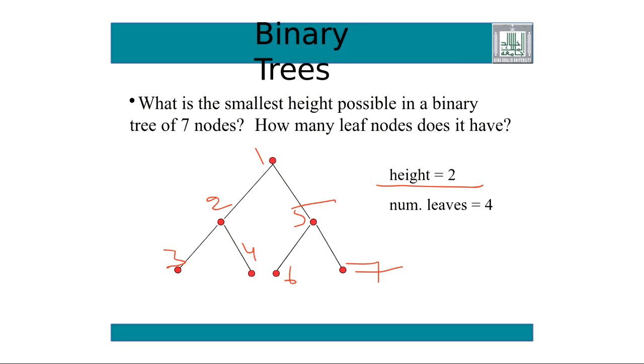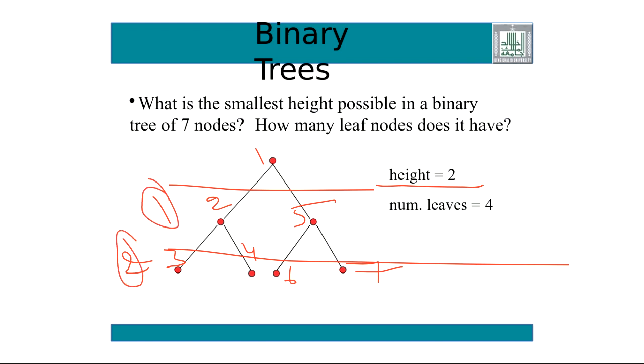Height is 2, see, this is 1 and this is 2. Consider the height of the tree is 2. And the number of leaves is 4, 1, 2, 3, 4. So you can draw the tree like this, depending on the nodes and depending on the leaf nodes.